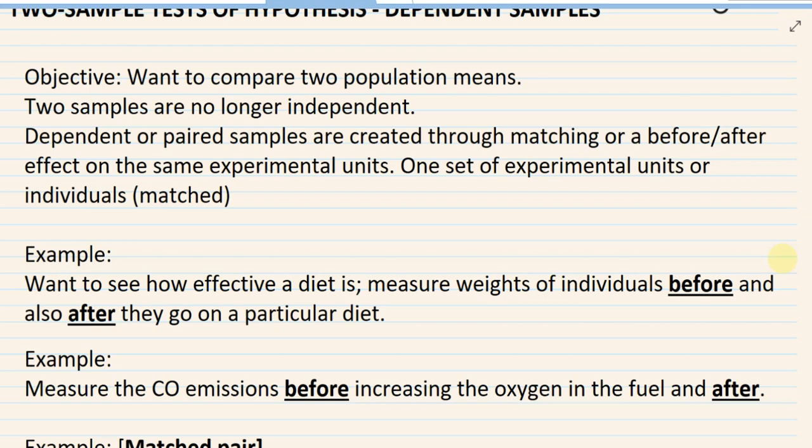Then I'm going to add some kind of gas treatment, an oxygen supplement, in the fuel tank, and they're going to measure the carbon monoxide emission afterwards. So you see, it's the same car. It's my car before and after the gas treatment was applied.